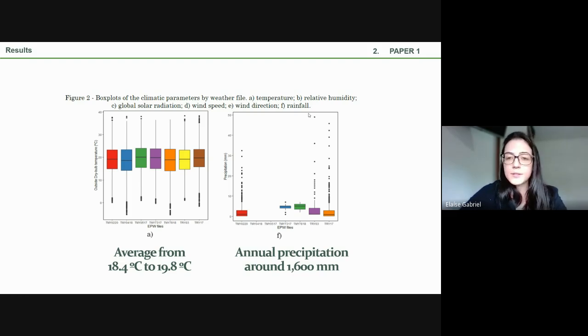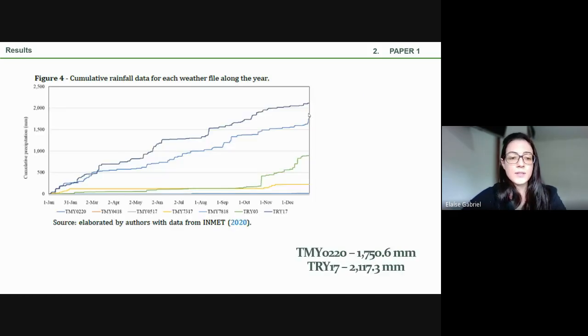But when we consider the rainfall data, we can see from figure 2F that some previous weather files contained null data for the 2nd and 3rd weather files, and lower data of precipitation for the 4th weather file, which clearly indicates that these files had errors and did not consider the rainfall data. And when we see the annual cumulated precipitation, for example, the TMY 7317 was around 200 millimeters.